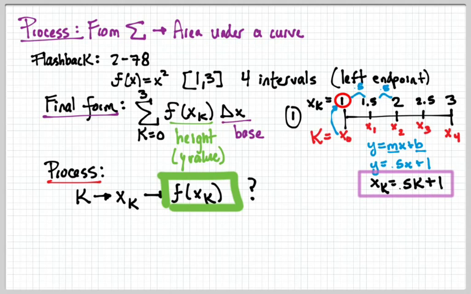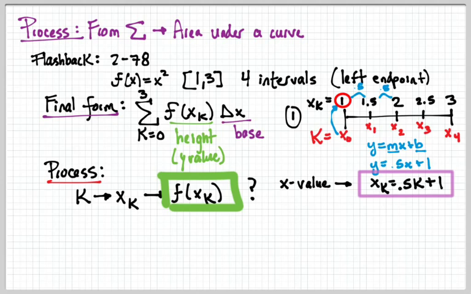Now, to talk about what this means, this is the x value, or the x-coordinate at a particular location. So that's our x of k.